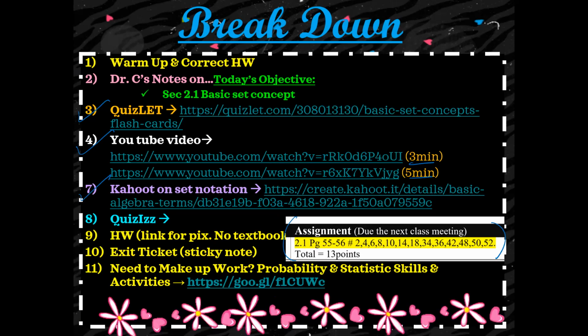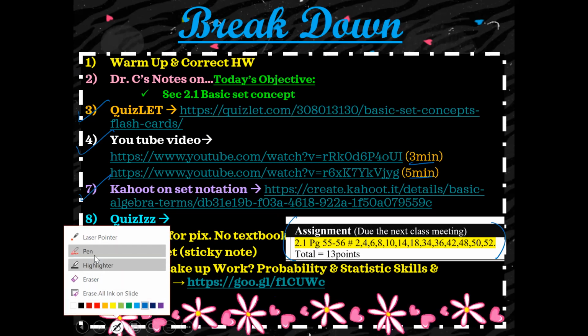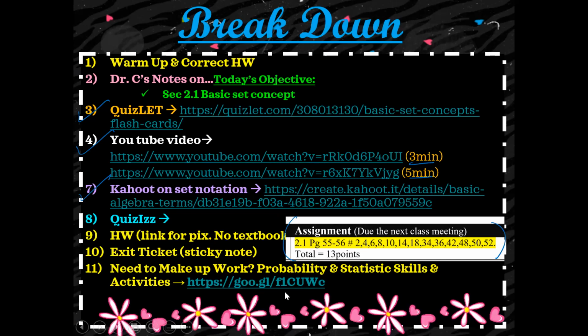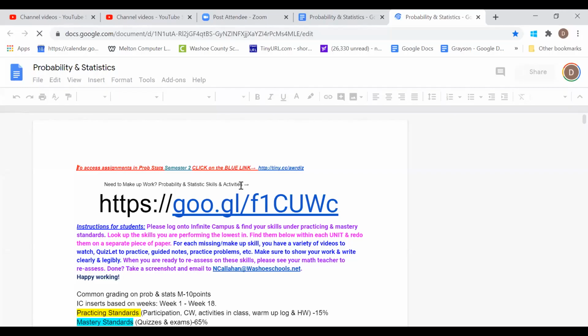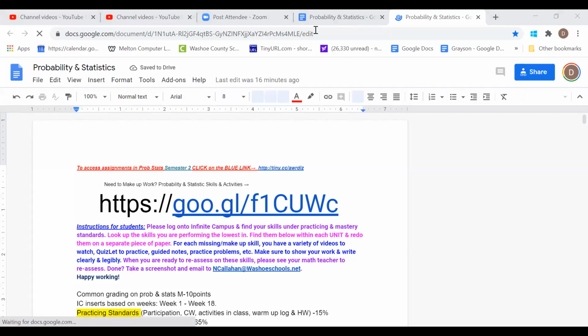Well, no, you don't have to do that. The only thing you need is this link right here, and this is a link you'll be using for the remainder of the semester. It's a capital C, capital U, capital W, lowercase, it does matter, so make sure you're careful with that. If you go to that link, it is going to take you to this page right here.